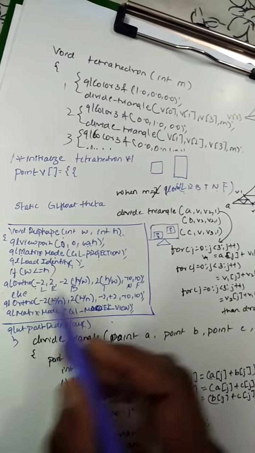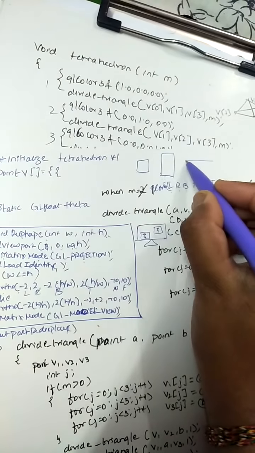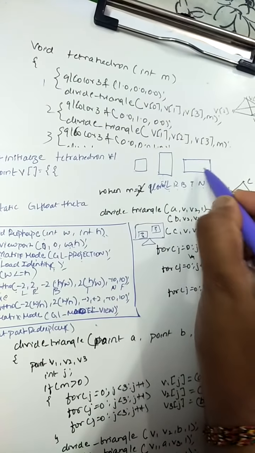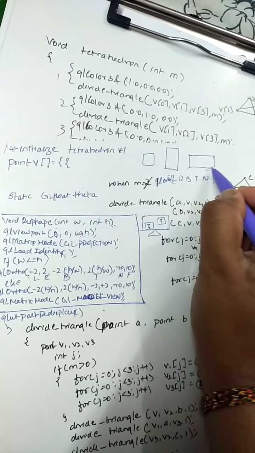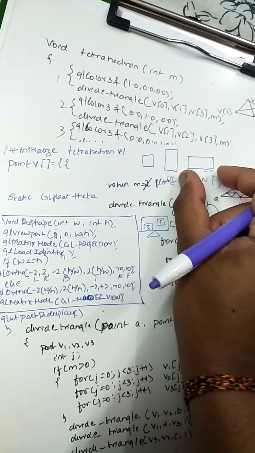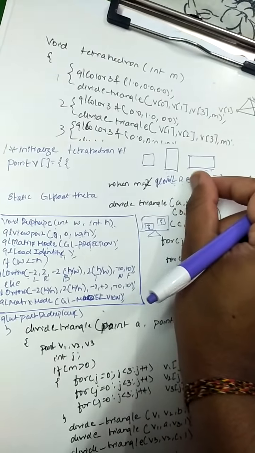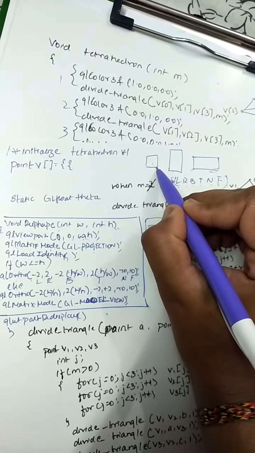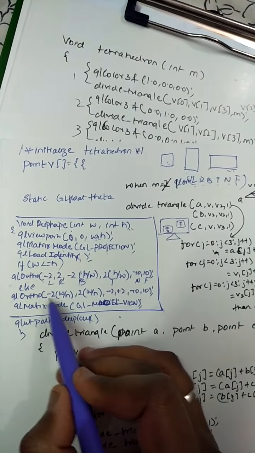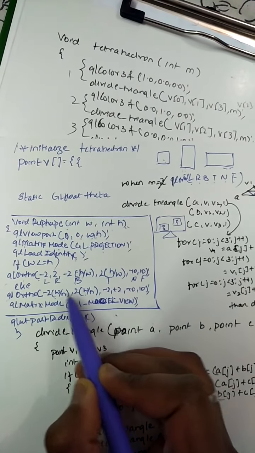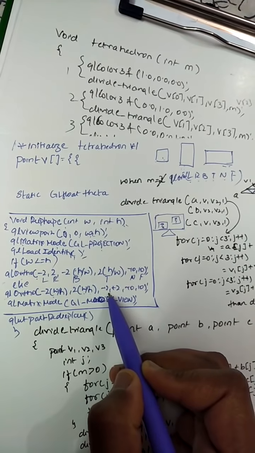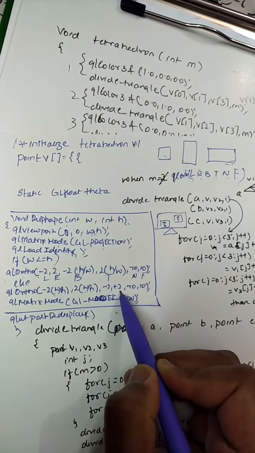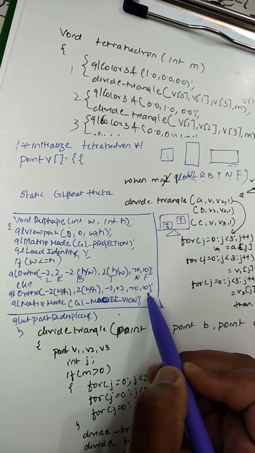Else means if the object was something like this, means the left and the right portion of the object should be brought closer together. So in that case I get this object. In that case GL ortho, left and right is multiplied by w by h, and bottom and top will remain the same, even the near and far.